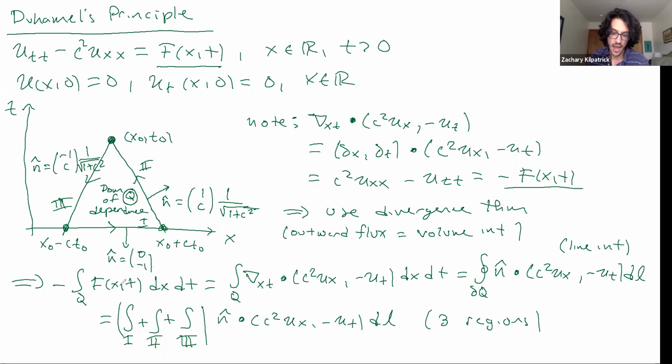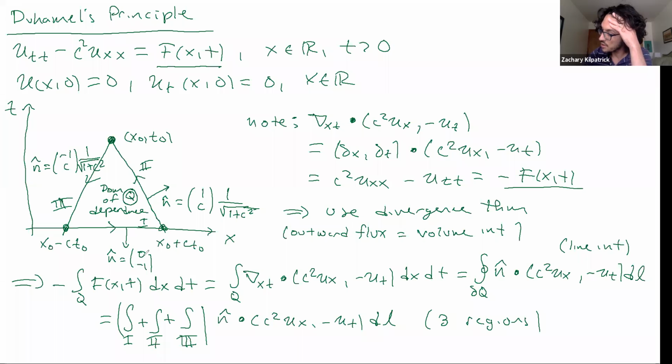So what I'm going to do next is work out these line integrals along each of these segments. That's what I'll do on the next page. So let's start now. The first integral: remember I have a normal, but my normal here is just 0 and minus 1.